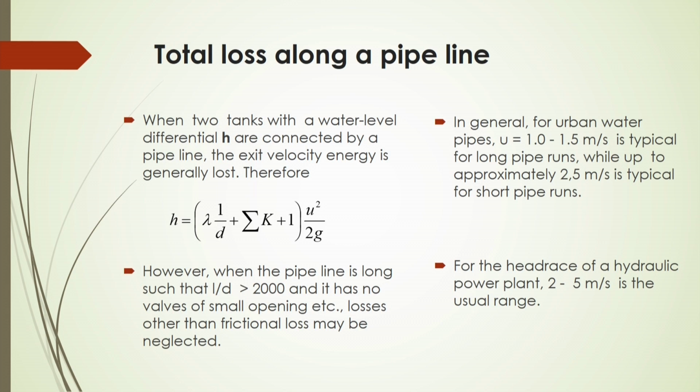When two tanks with a water level difference of h are connected by a pipeline, the exit velocity energy is lost, so you have to consider the exit loss coefficient also. So it will be lambda into L by d plus summation of K plus 1, into u squared by 2 g.